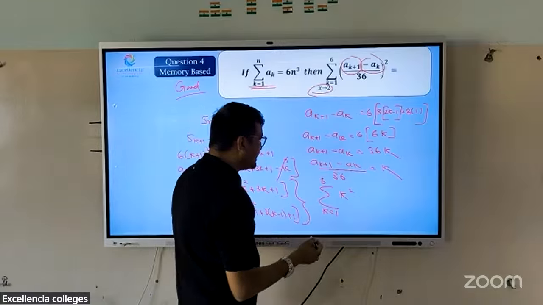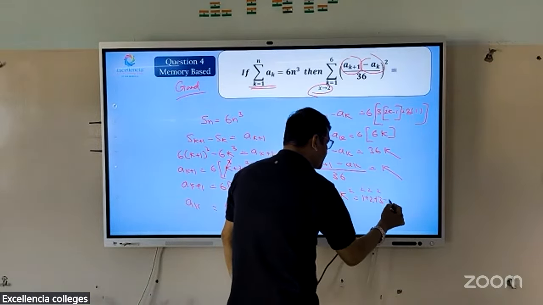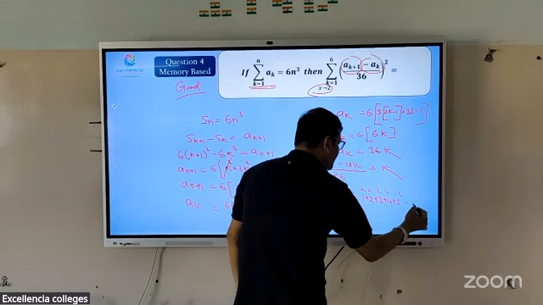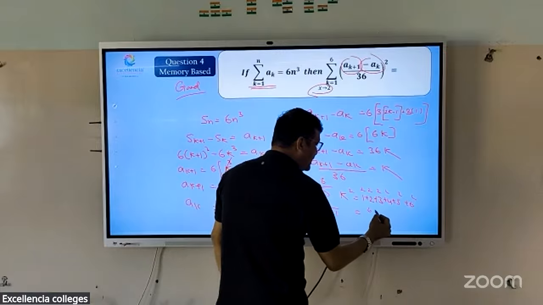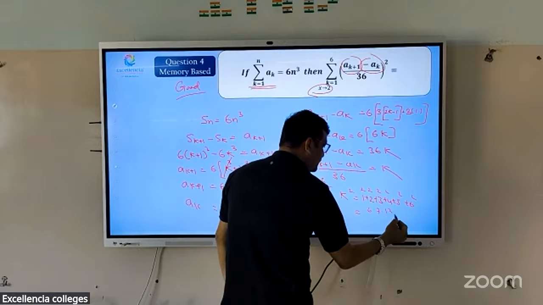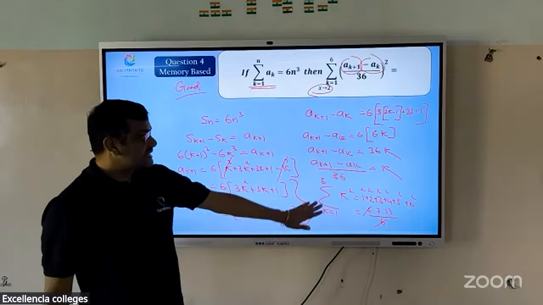So it is 1 plus 2 square plus 3 square plus 4 square plus 5 square plus 6 square. It is the sum of squares, n into (n plus 1) into (2n plus 1) by 6. Right? That is the answer, how it should be done.